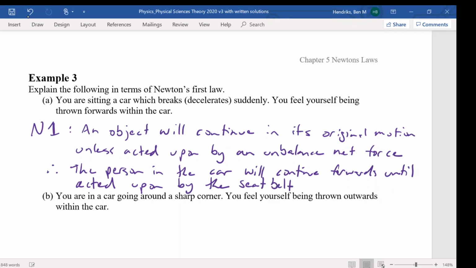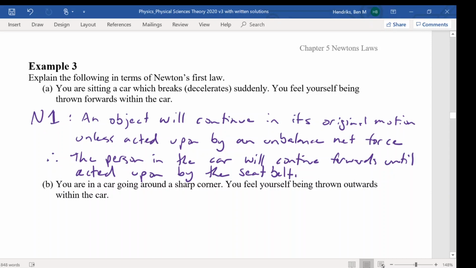Hopefully you're wearing your seatbelts. You don't want to be stopped by the windscreen, or worse. So you're thrown forwards in the car because the car suddenly stops, but the body inside it wants to keep on going in its original motion.